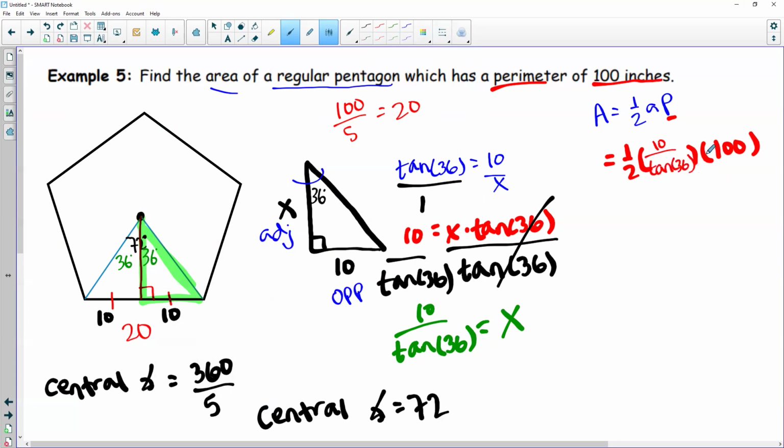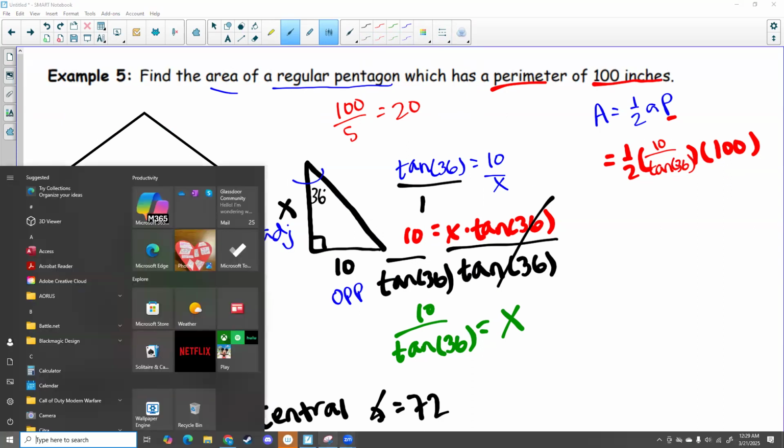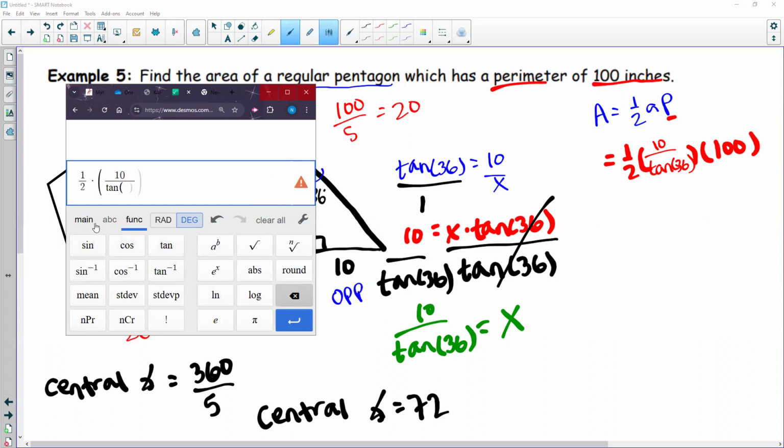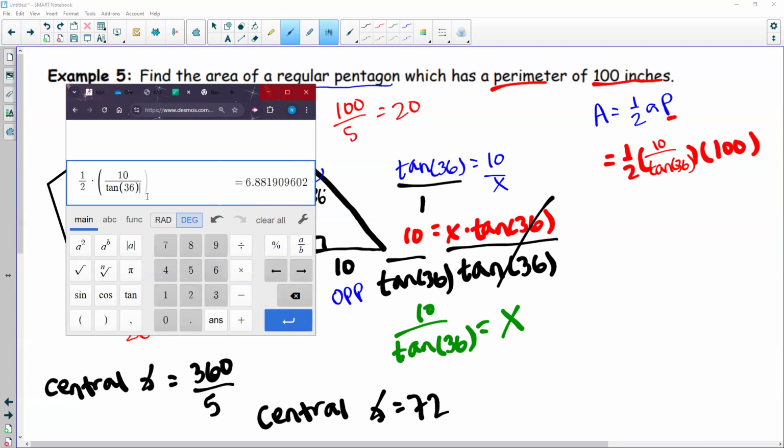for the apothem, and all we have to do now is just multiply this out. If we multiply this out, we will have our area. This is going to end up being 1/2 times, let's put this in parentheses here, it's going to get a little messy, 10 over tangent of 36. Close my parentheses here, and then times the perimeter of 100.